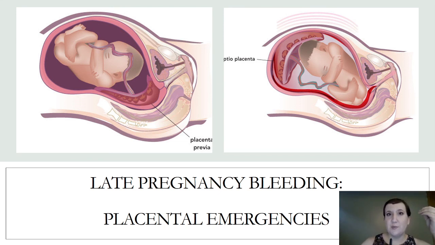So if the mother would like to try to have a vaginal delivery after she's had a C-section, she has to be counseled on the risks for a uterine rupture. A VBAC, a vaginal birth after a cesarean, or a TOLAC, a trial of labor after a cesarean, is going to be a high-risk situation for a uterine rupture.